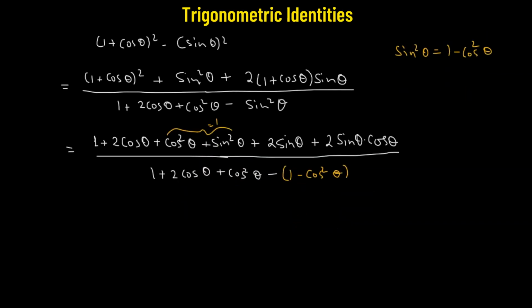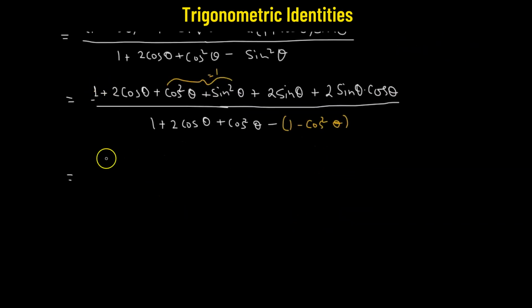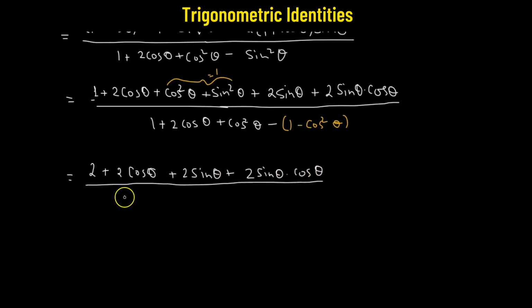So therefore, here we have a 1, 1 plus 1 is going to give us 2. So we have (2 plus 2 cosine theta plus 2 sine theta plus 2 times sine theta times cosine theta) whole divided by 1 plus 2 cosine theta plus cosine squared theta minus 1 plus cosine squared theta.